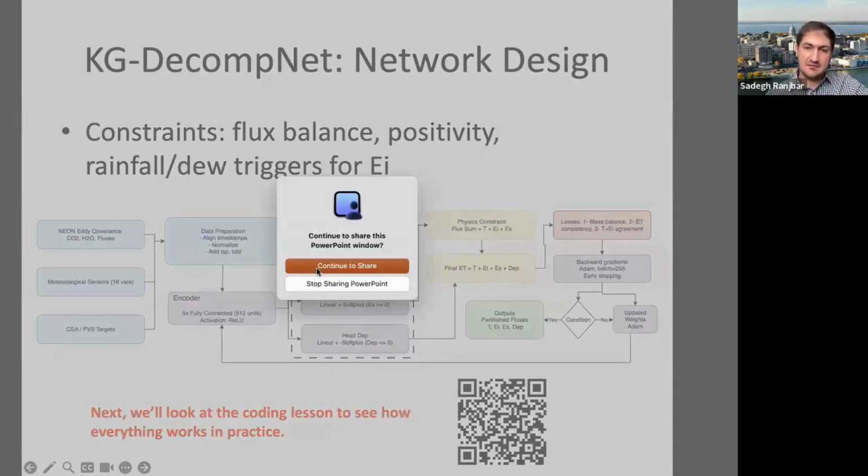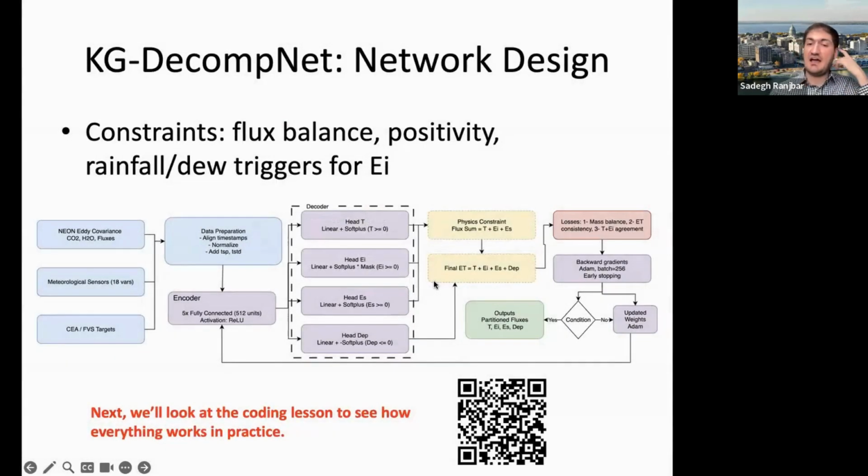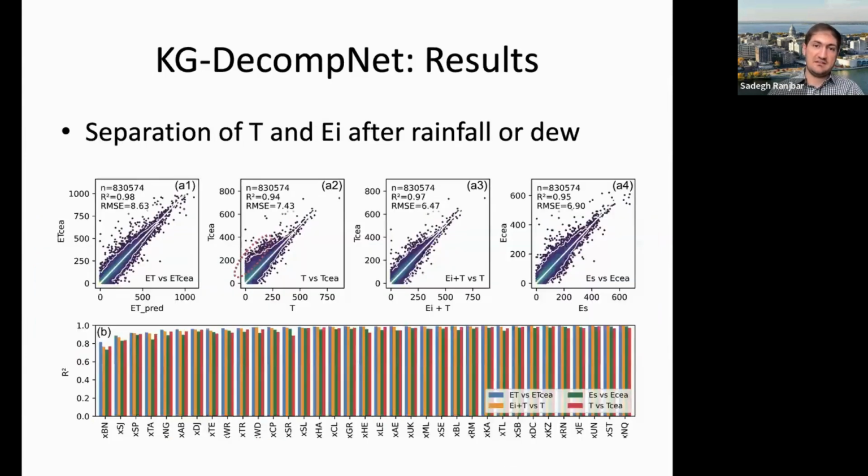After training and all of this study, we came out with the results. The results show that the KGML can fit the data sets very easily and very efficiently, and it also follows the rules that we gave it.